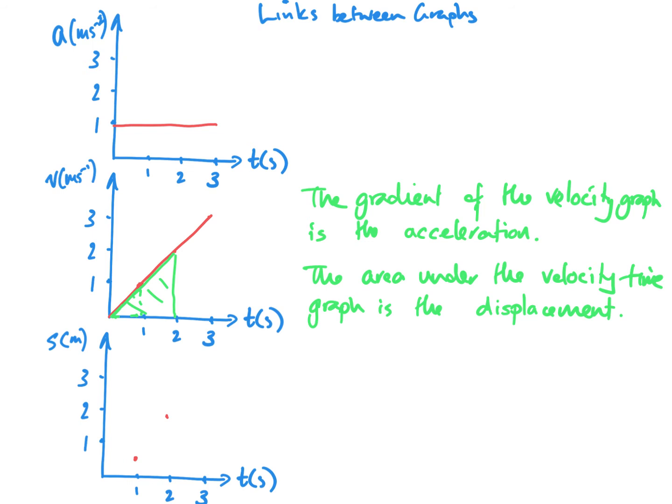And if I were to do the same idea for 3 seconds, then my triangle gets expanded again for the first 3 seconds. Big triangle now, and it's a half times 3 times 3, so it would be 4.5, which is actually off my scale, maybe somewhere way up there.